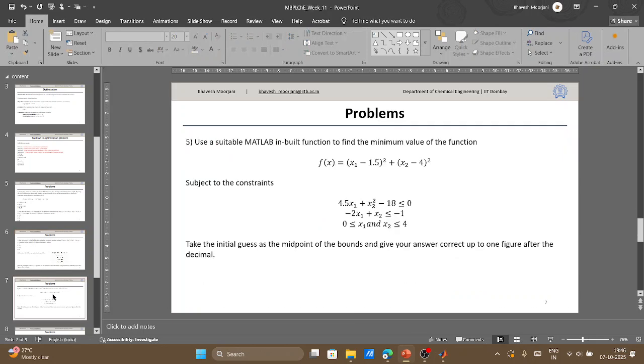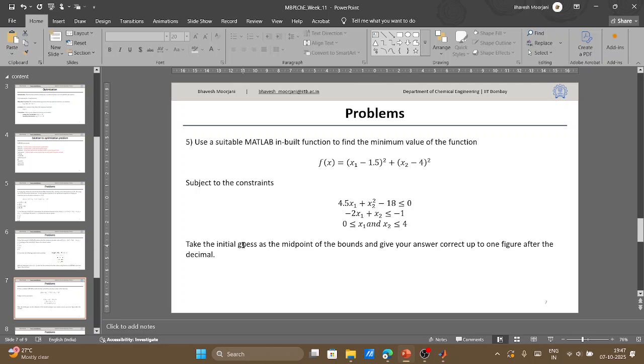Then next, again we have some optimization problem. This time we haven't been told which function to use. We have to use a suitable function where you have this objective function subjected to some constraints. I see two inequality constraints and bounds on my solutions, right?